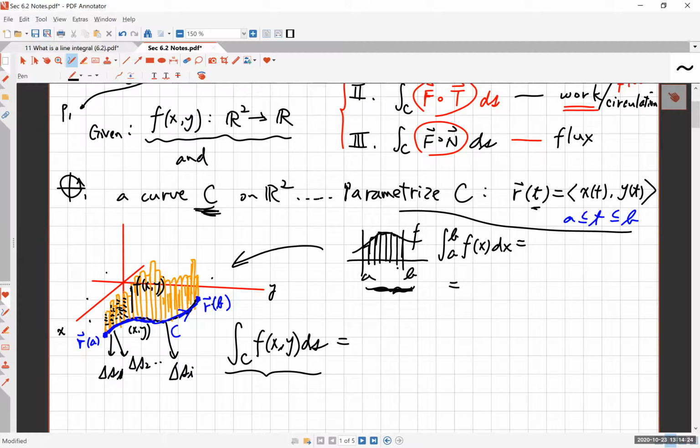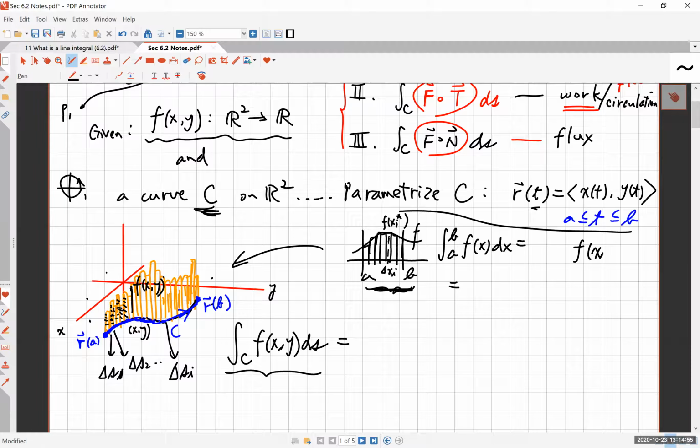This is called a partition. And so for each, let's say this is the ith subinterval, we find the length of the ith subinterval, and then we pick a representative value of x within this subinterval, and then we evaluate the function at that point, which we can call xi star. Okay, xi star is some point in the interval xi, and we evaluate the function at that point, right?